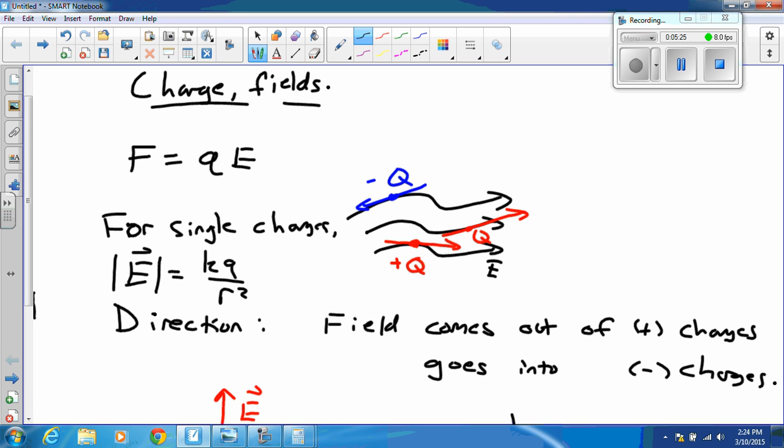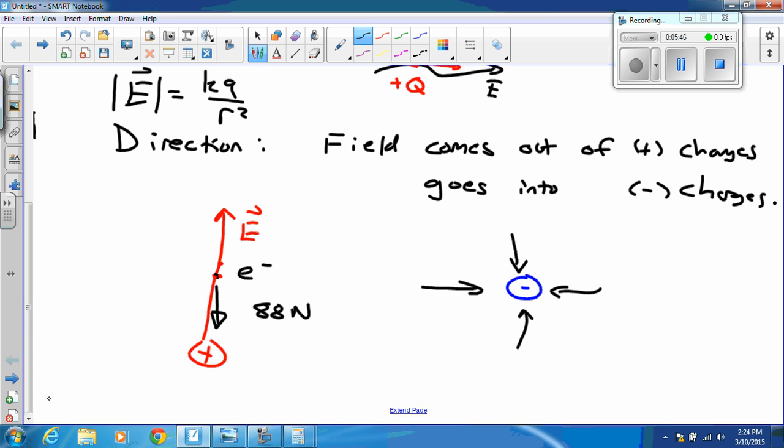That means there's a positive charge back over here somewhere, and there's a negative charge out over here somewhere. Yep. And it would be reversed if it was a negative. If the field was emitted from a negative, it would be emitted into a negative. Yep. That cleared up?